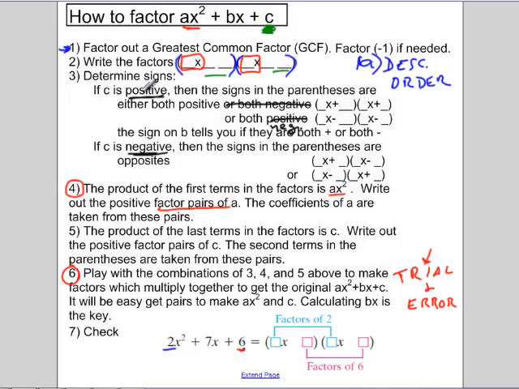Step number three is determine the signs, and sometimes determining these signs might come later, and we'll find that in this example today. Step number four is the factor pairs of A go into the red boxes. And then step number five is the factors of C go into the green underlines. So we've got to factor C and put it into the green underlines. Then step six is play around with things, and step seven is check after we get something that we think is an answer.